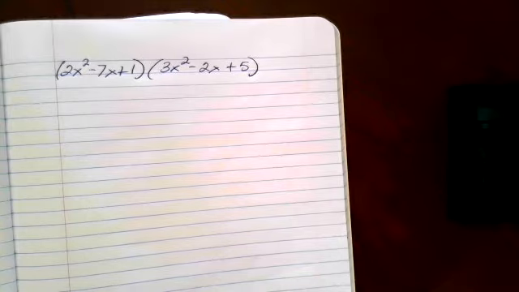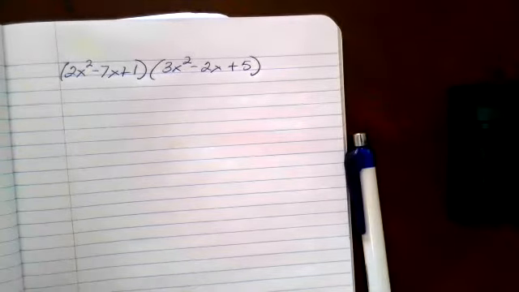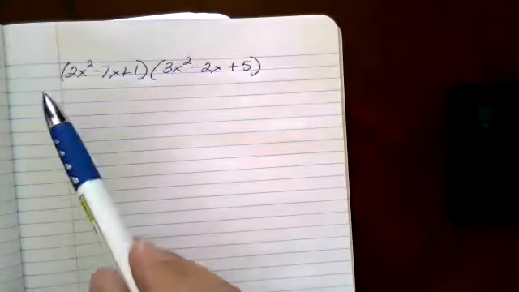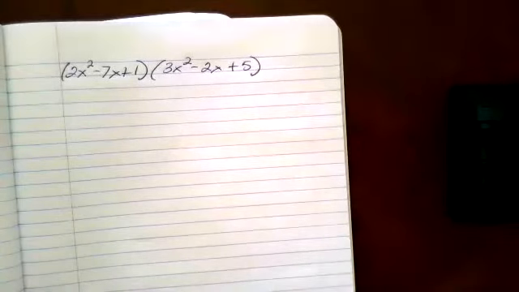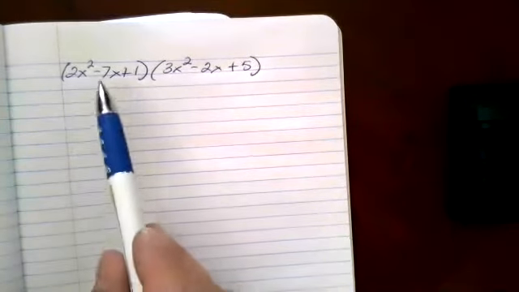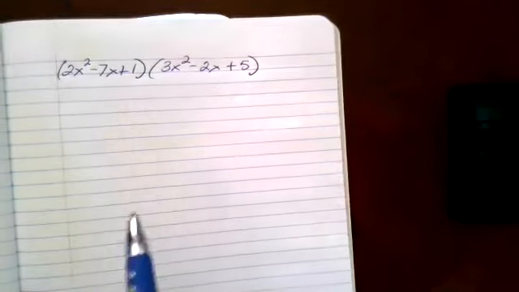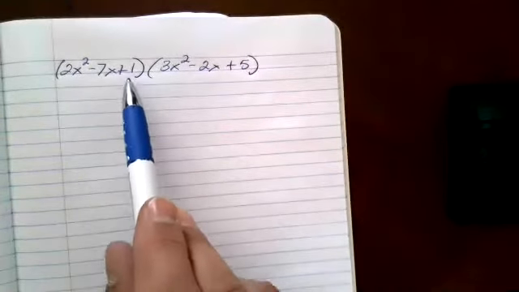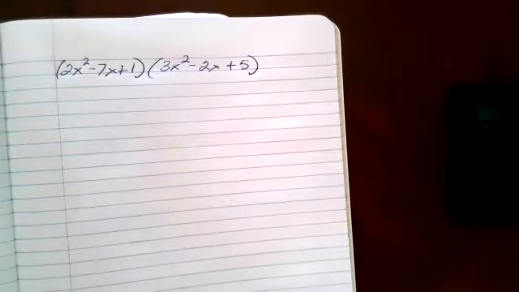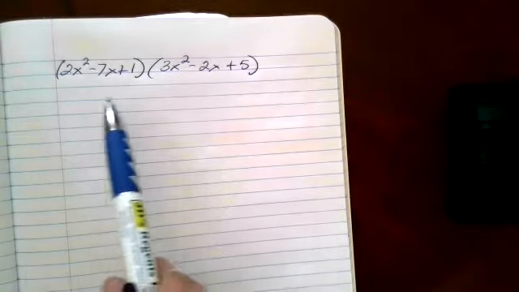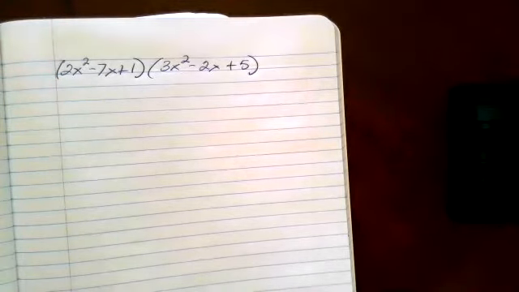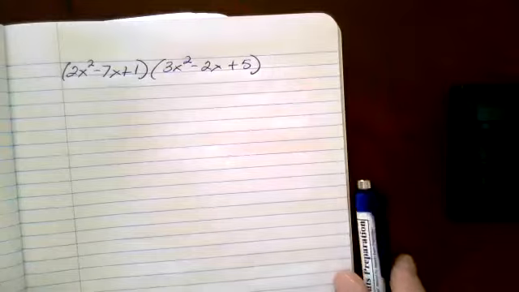So in this problem, because it's so lengthy, if I distribute my first term to all three of these, it's going to give me 3 new terms. And when I distribute this one, it's going to give me another 3 terms. And when I distribute the 1, it's going to give me another 3 terms. So I'm going to have a string of 9 terms here, which is a little bit of a pain in the neck.